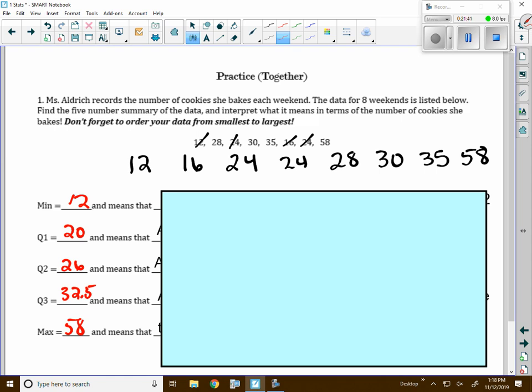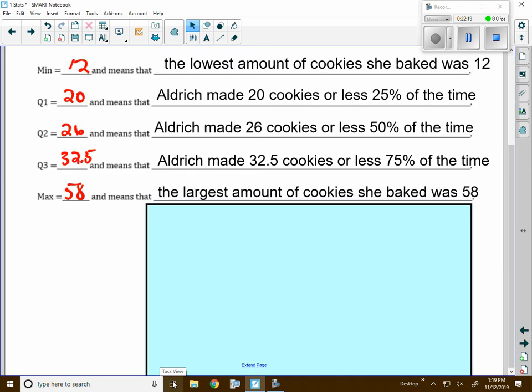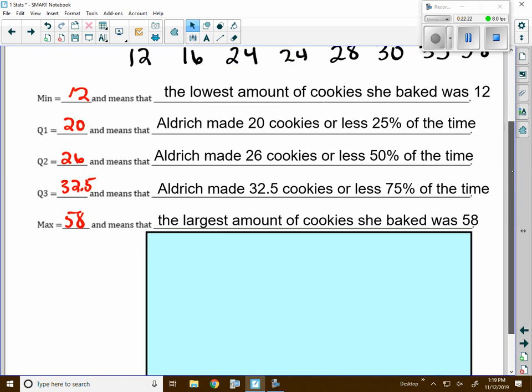But if you got those and you're ready, read the context of the problem, because we're talking about cookies here. See if you can do those sentences.